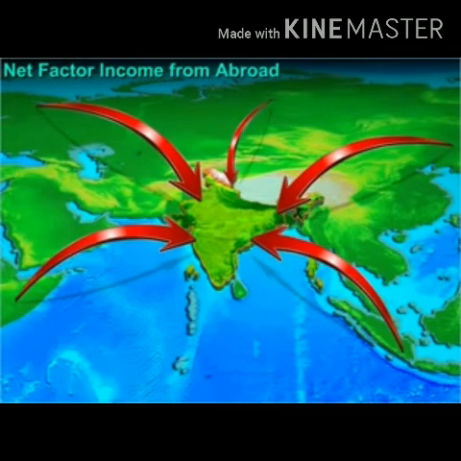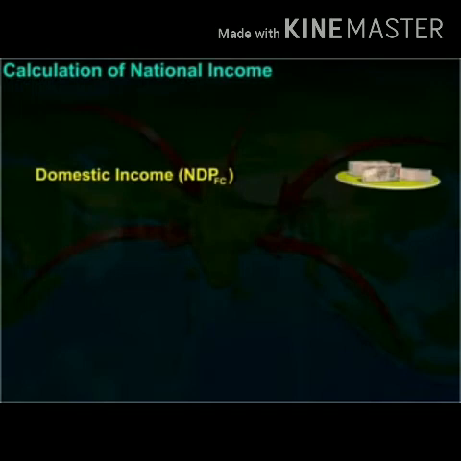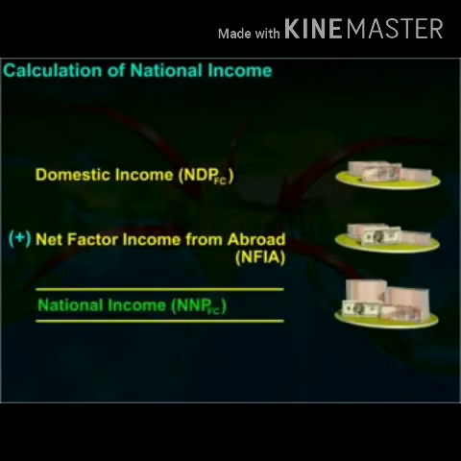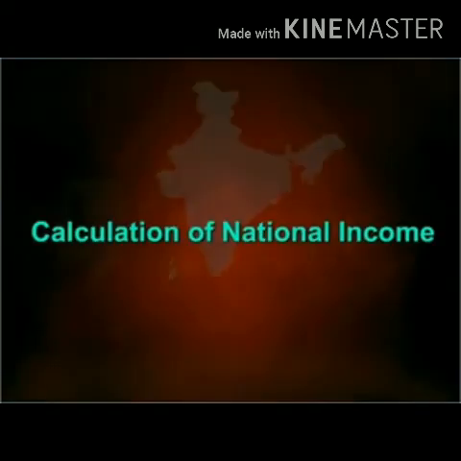Now the net factor income from abroad coming into India has to be added to the domestic income: NDPFC plus NFIA becomes national income, NNPFC.